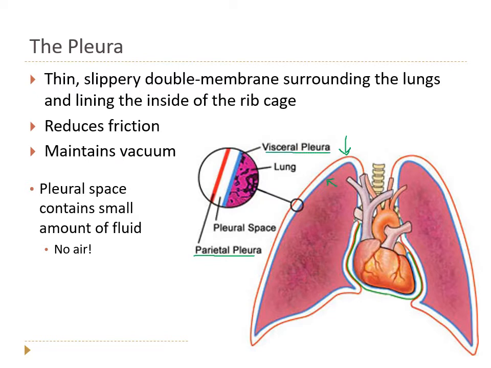So you have these two thin, slippery membranes, and then this little tiny space in between them. That space contains a very small amount of fluid, which keeps things nice and frictionless and allows for those two membranes to glide past each other. So not only does this allow for a nice, smooth, frictionless gliding surface, it also maintains the vacuum that's necessary to make sure that the air actually gets pulled into the lung tissue itself.